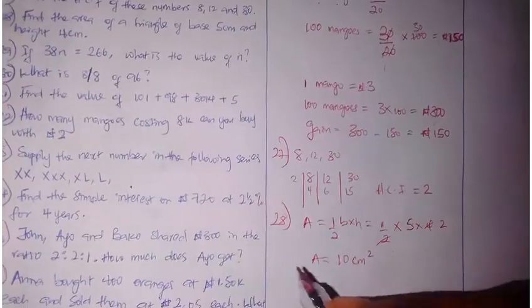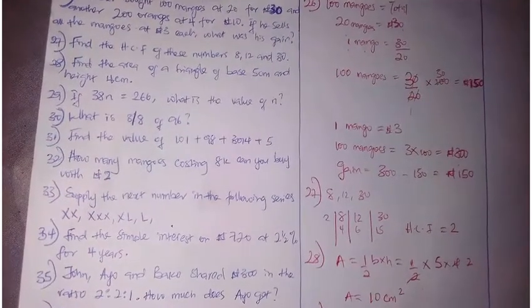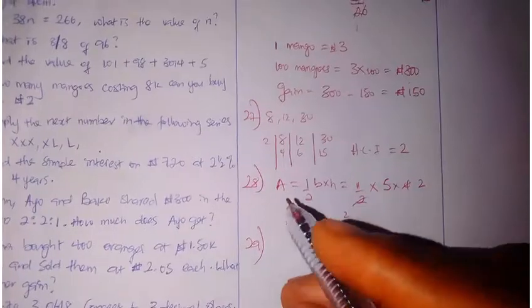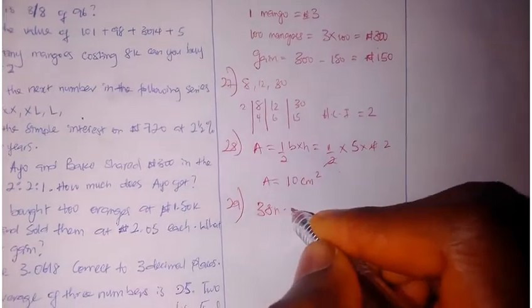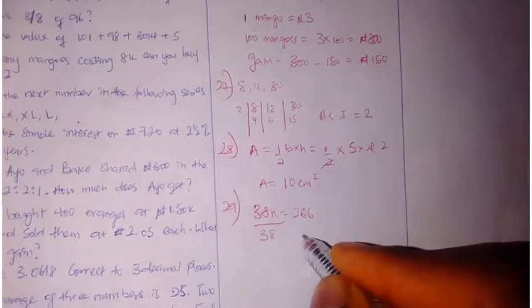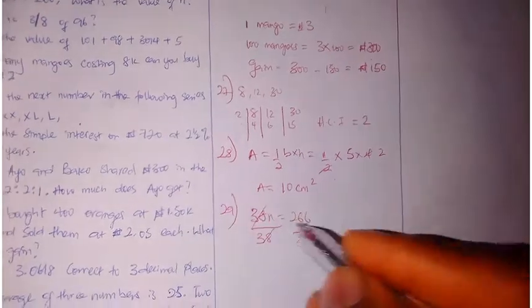Okay, number 29 question says, if 38n equals 266, what is the value of n? Divide both sides by 38. This cancels this.